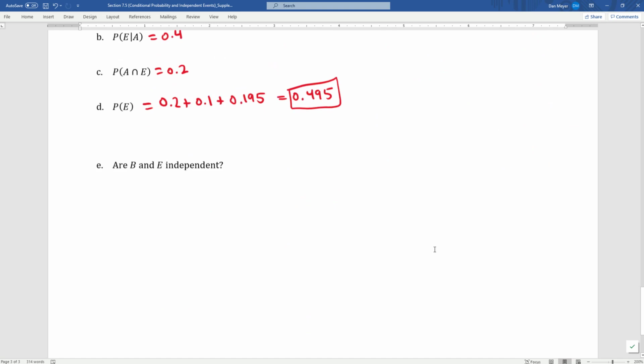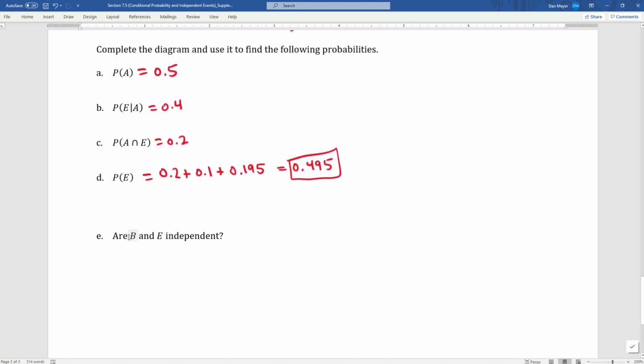Okay, we got one more question we can answer here. Are B and E independent? So the question here, there's a couple ways to answer this question, but one of the ways to answer it is: is the probability of B and E equal to the probability of B times the probability of E?